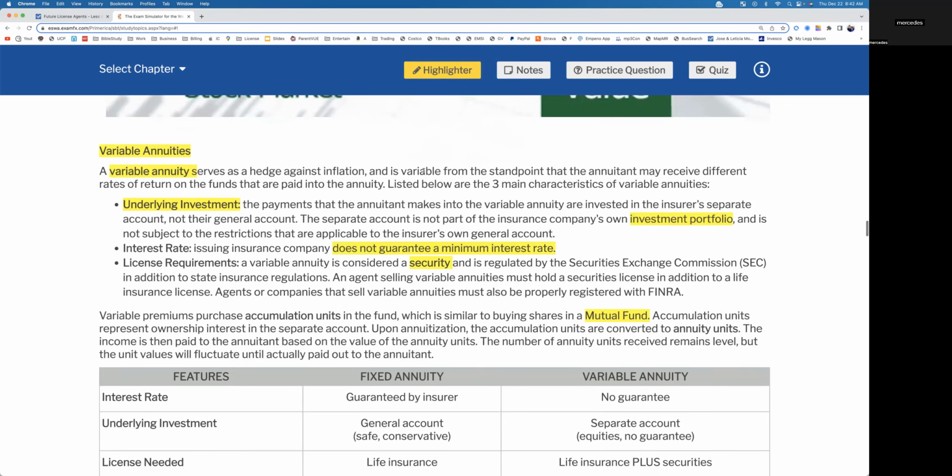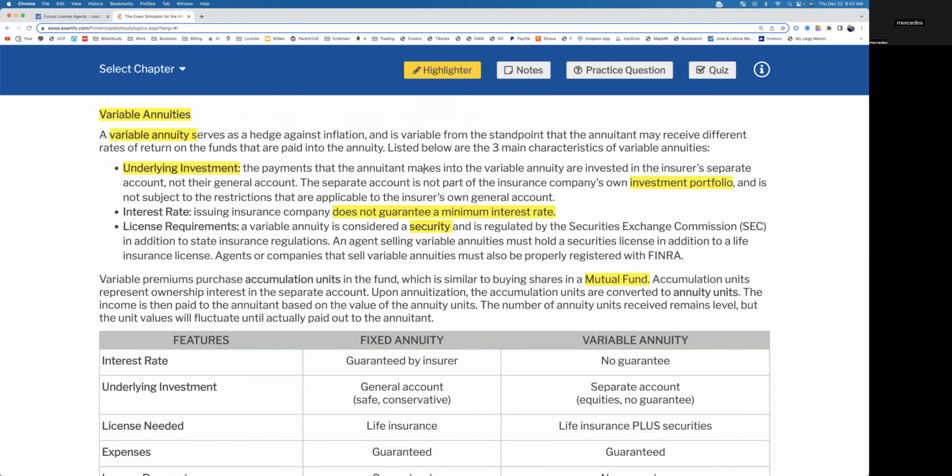That's going to be on the test for sure. Variable universal life is a life insurance, not an annuity, and it also has the word variable in it. Anything that has the word variable in it, you need a securities license on top of your life license.